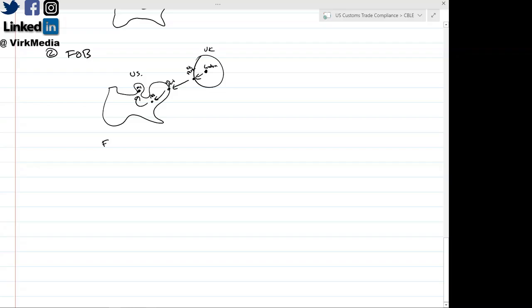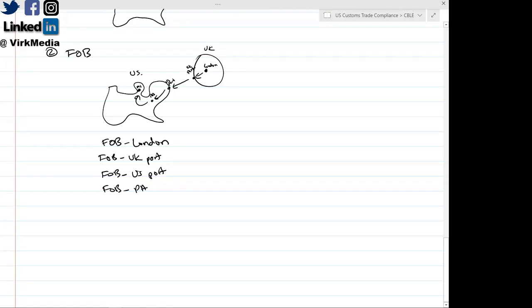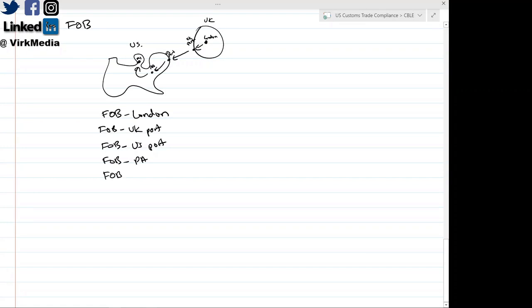It could be, for example, FOB London, FOB UK port, FOB US port, FOB Pennsylvania, FOB Michigan. So what does it mean? What does FOB London, FOB UK, FOB US ports, and so on, actually mean?